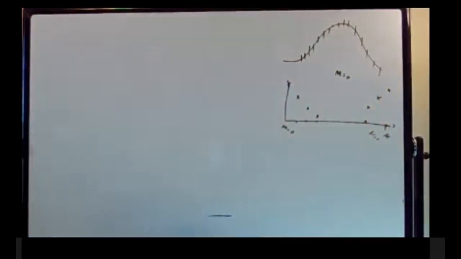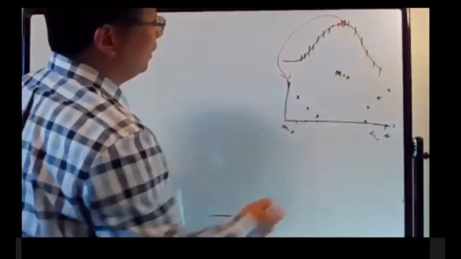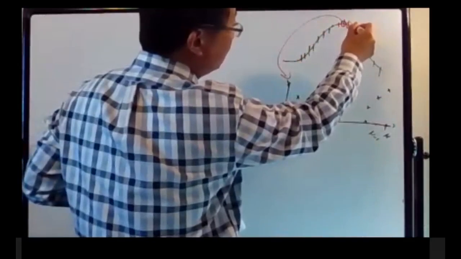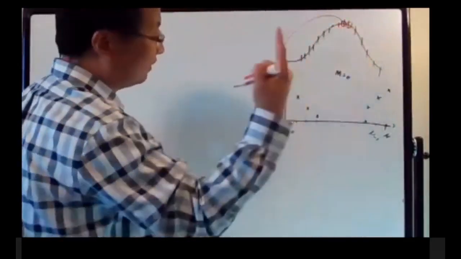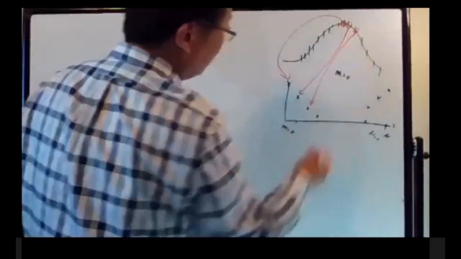So let me actually show you the correspondence. This center peak is the piece here. The first one on the right is right here, and then the second one is right here.